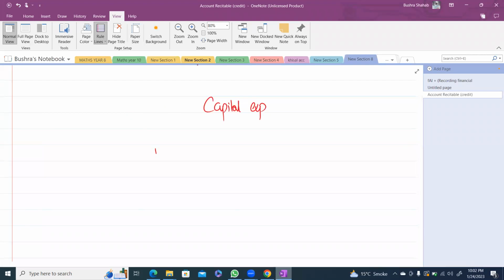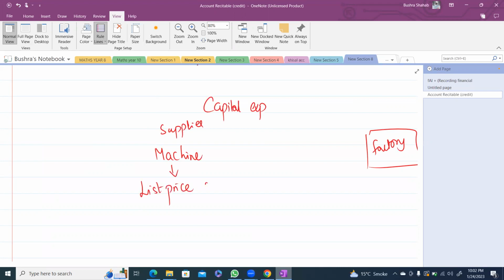See, for example, you have bought a machine from the supplier, and this is your factory. The original price of the machine is 5 lakh.